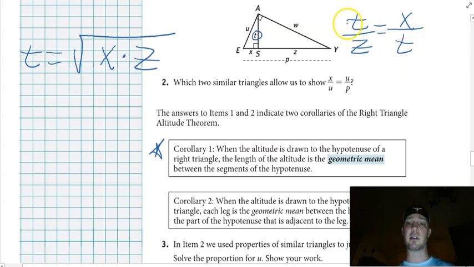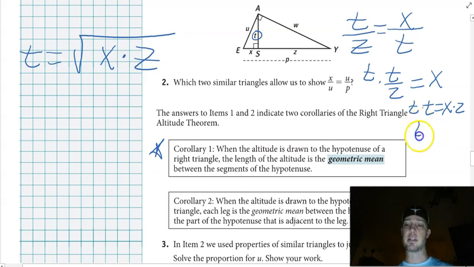So t goes over here, and on the other side, it cancels out. Then multiply both sides by z. You get t times t equals x times z, or t squared equals x times z. Take the square root, and we get t equals the square root of xz.